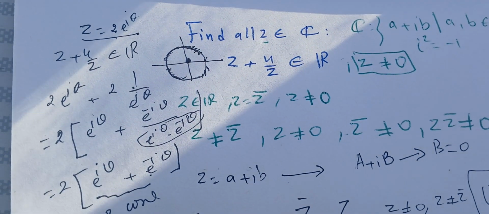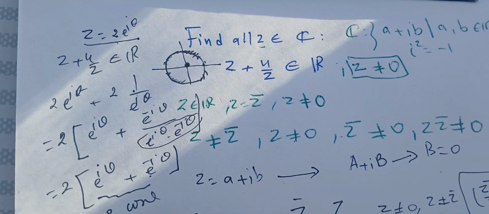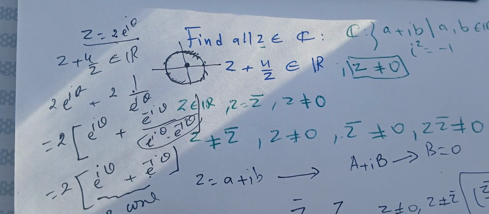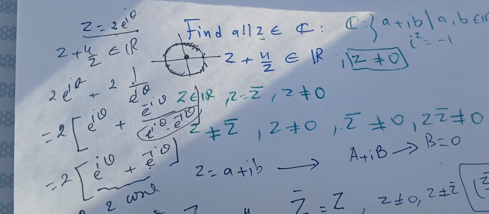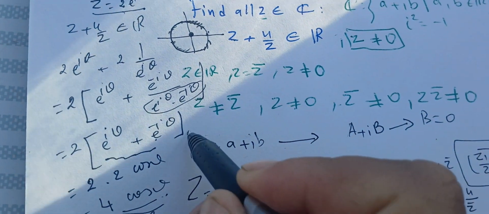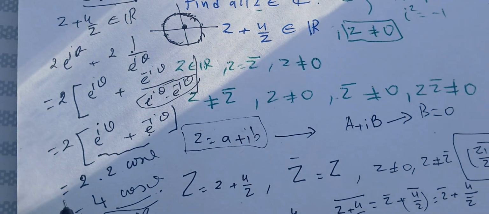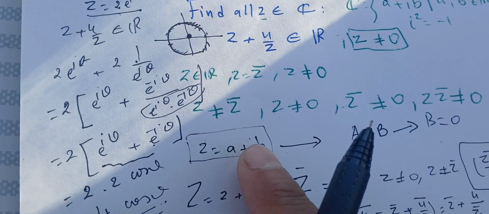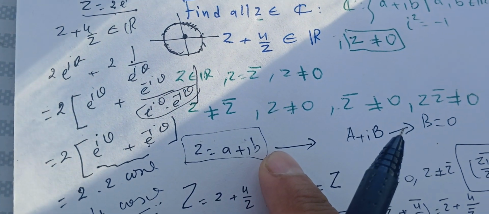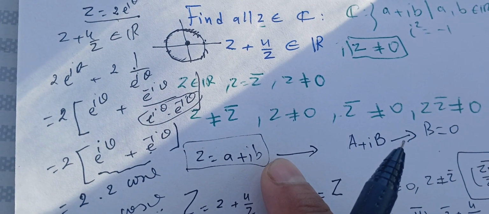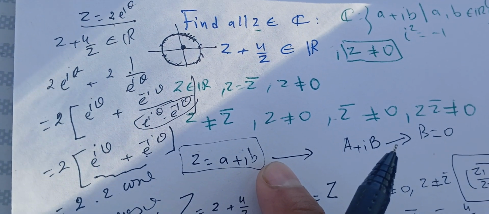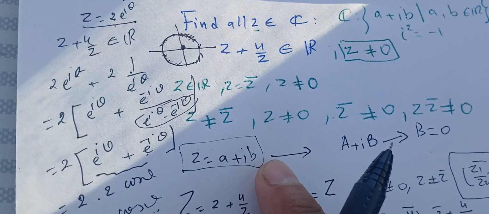What else can I say? The last thing that I would say is that if we proceed using z is a plus ib, we would definitely get the same solutions. I would highly advise you to do that.